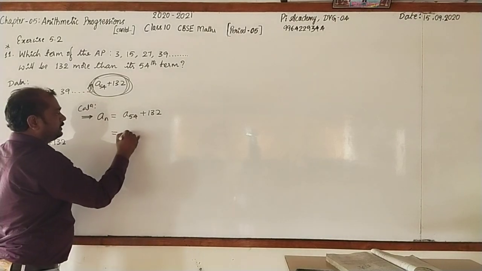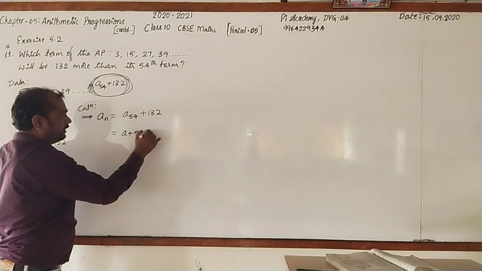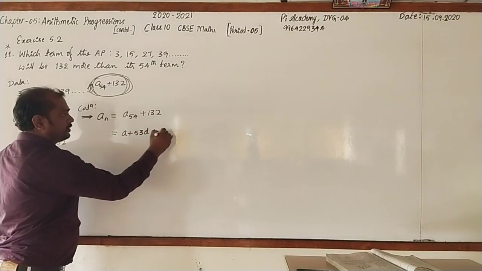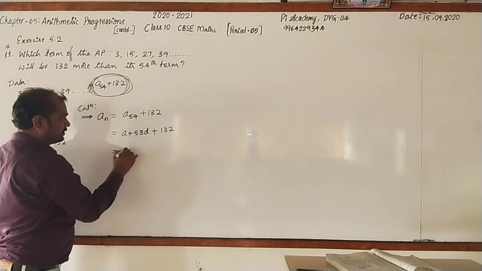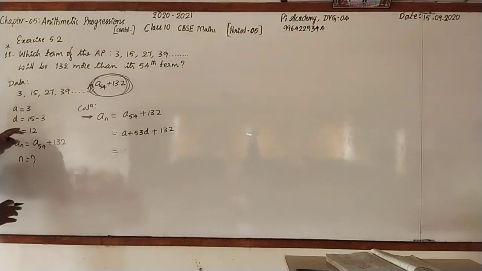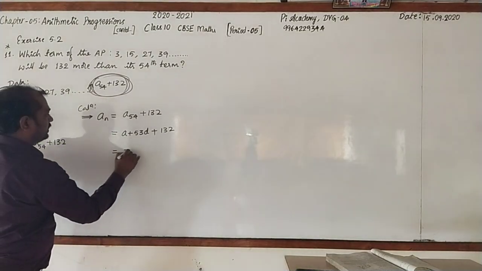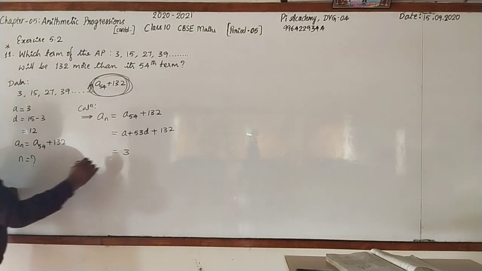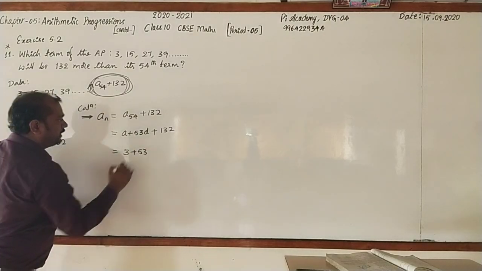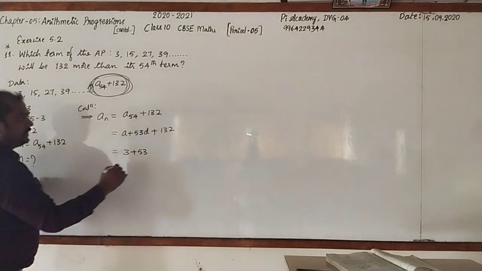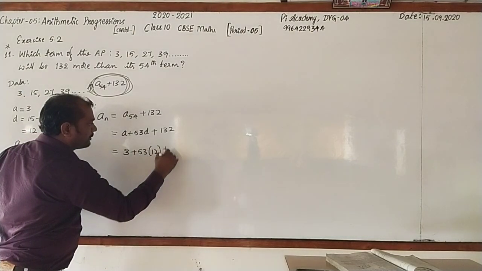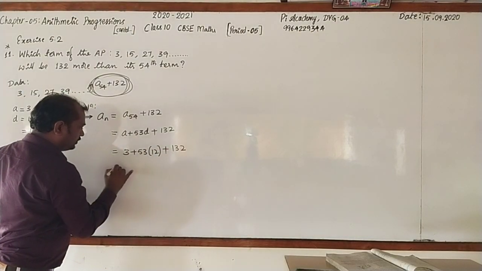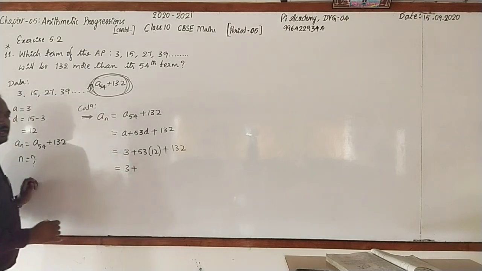It is a plus 53d, plus 132 as it is. Then a, what is a? You can substitute that here. It is 3 plus 53 into the common difference 12, plus 132, is equal to 3 plus, as it is.